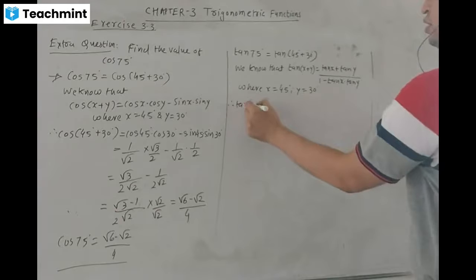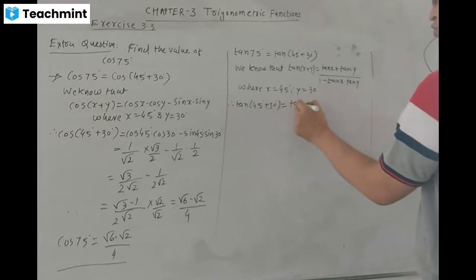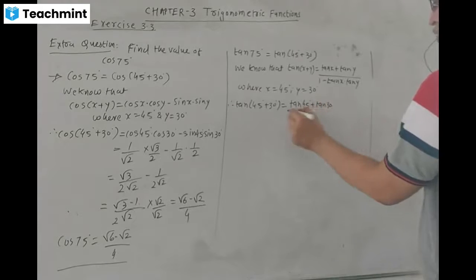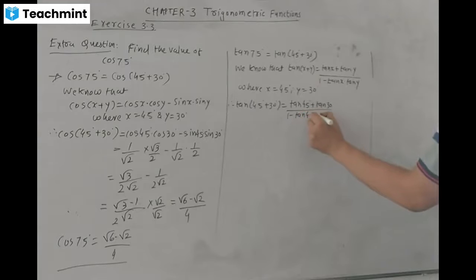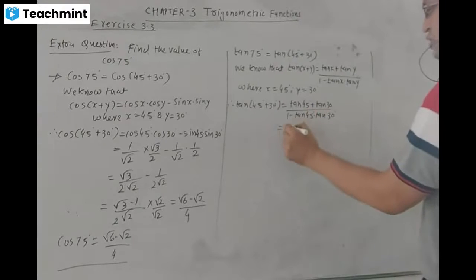Therefore, tan(45 plus 30) equals tan 45 plus tan 30 divided by 1 minus tan 45 tan 30 degree. What is the value of tan 45? That is 1.